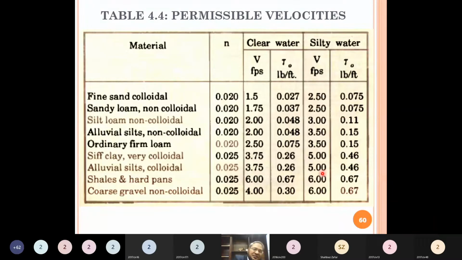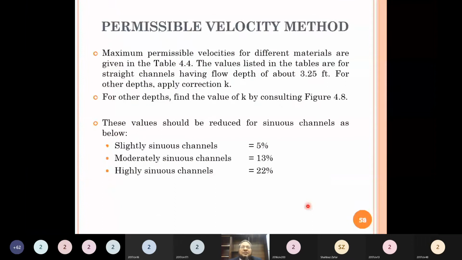But if the channel is in curvature, then we have to reduce these permissible velocities by some factor. Now I will go back here. For other depths, apply correction K.